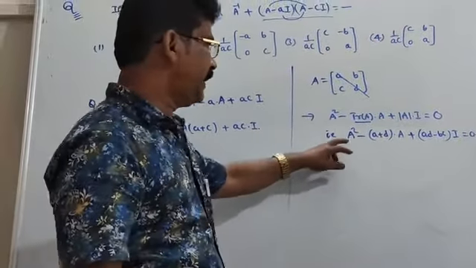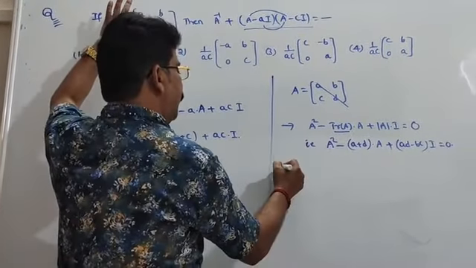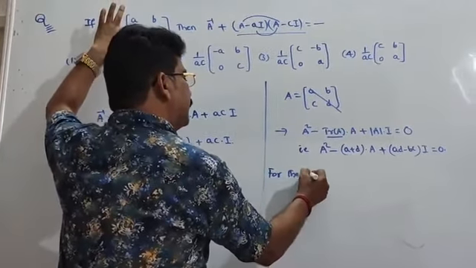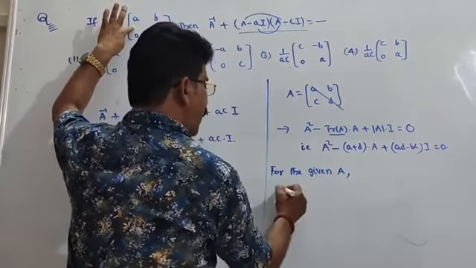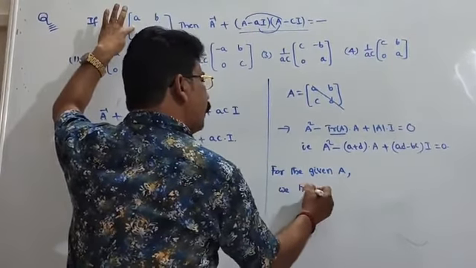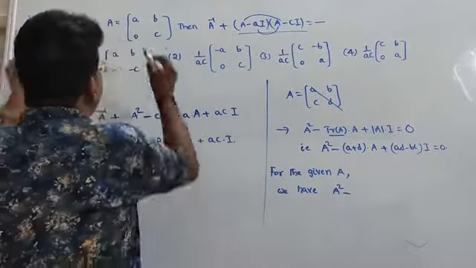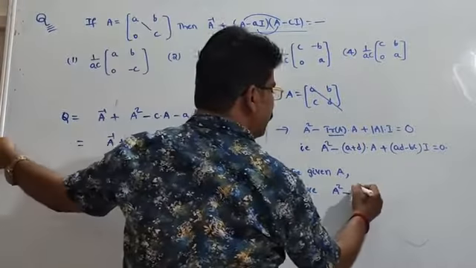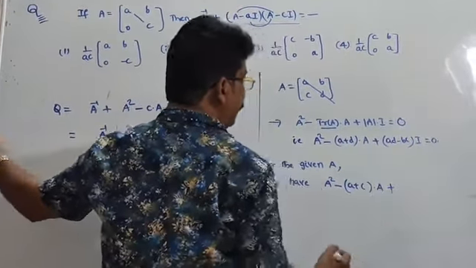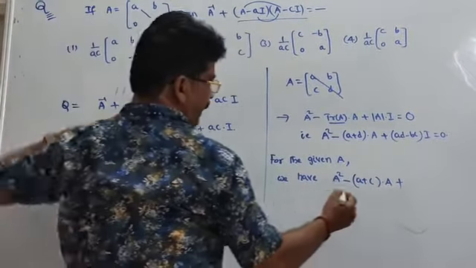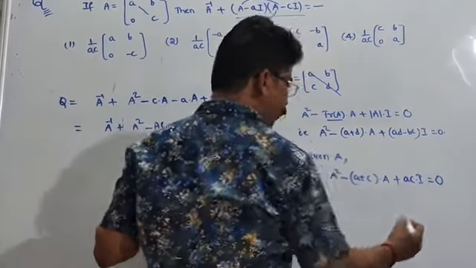Okay, we shall apply this formula for the given matrix. So for the given A, we have A square minus trace (A plus C) into capital A plus AC into capital I, value zero matrix.